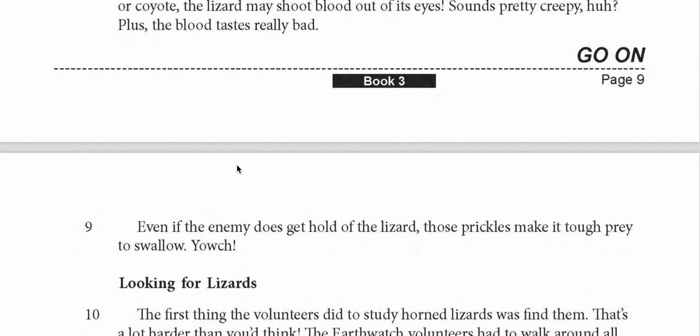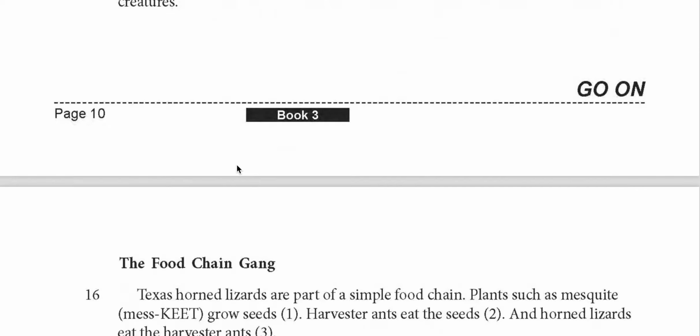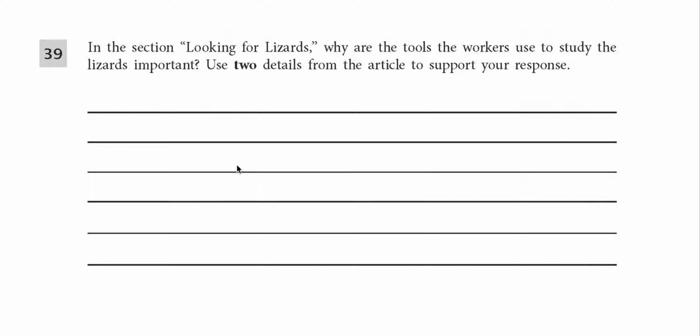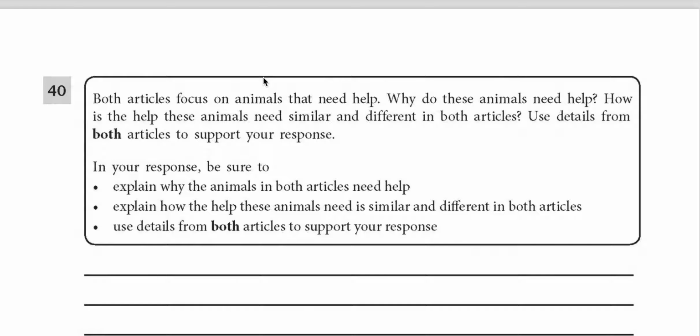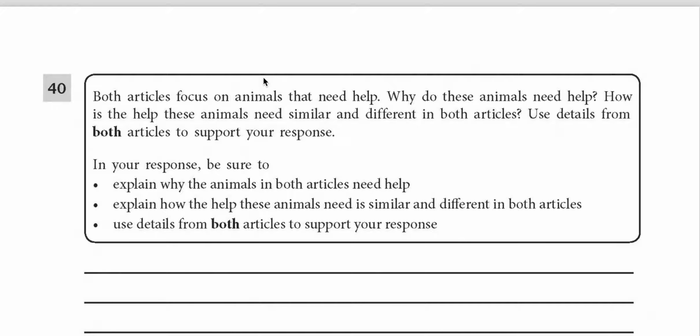Okay, another passage, looking out for lizards. In this passage again, support your response with two details. Now students are going to be asked to write about the articles together. So you see, both articles focus on animals that need help. And why do these animals need help? How is the help these animals need similar and different? Compare and contrast.